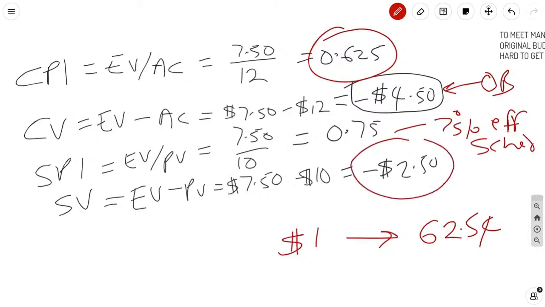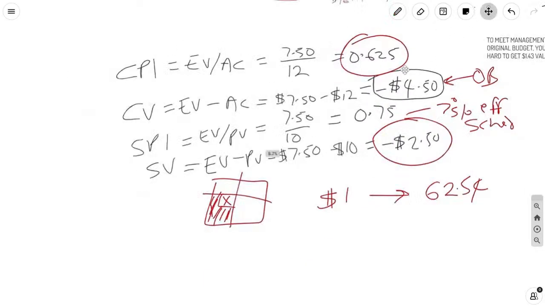The $2.50, the negative 2.50, means you have $2.50 worth of work or worth of schedule to complete. That $2.50 worth of work can be seen in that image where we have everything done for day one, but that place I've marked X. That's the 2.50 that you're missing. So when you make earned value visual, and you break it down like this, it becomes a lot easier to understand.